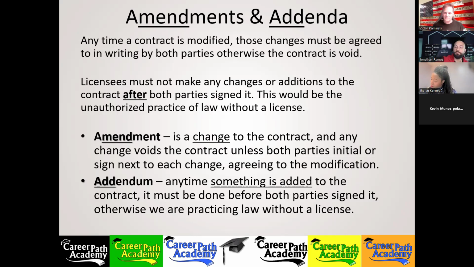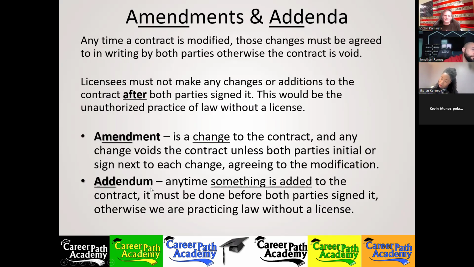Only if one is signed. You could make a change to the contract, but then you need to go back to have the other party initial next to that change as well. So I would suggest you have all parties that sign the contract also initial next to each and every change that you made. Otherwise, the contract is void.